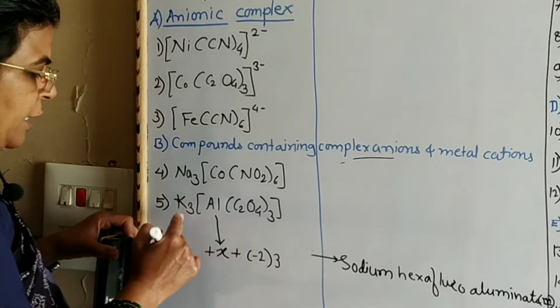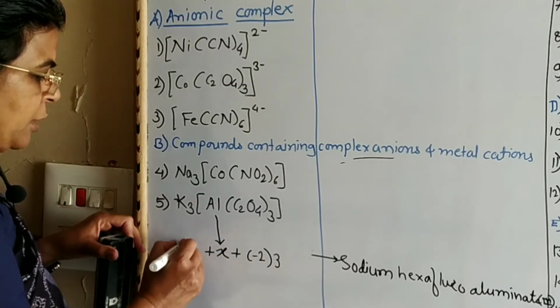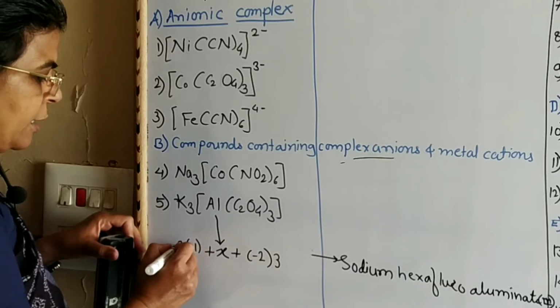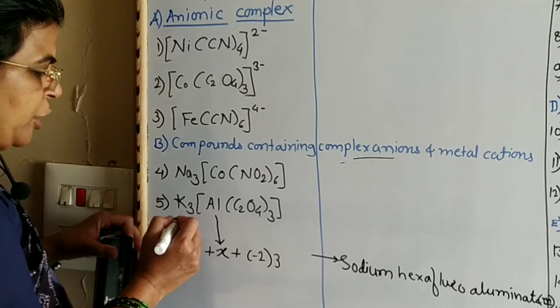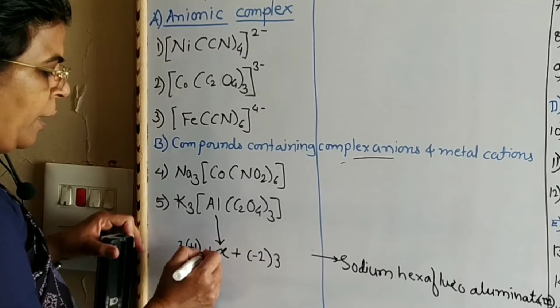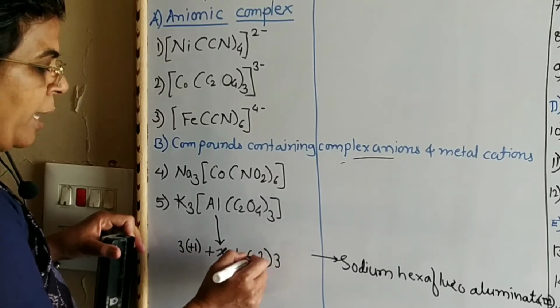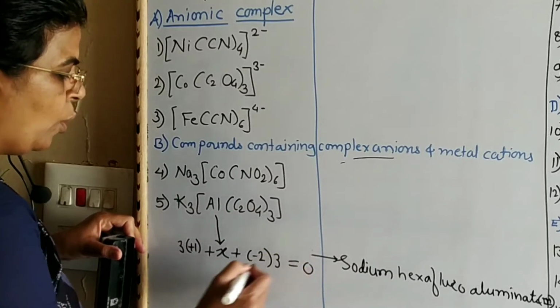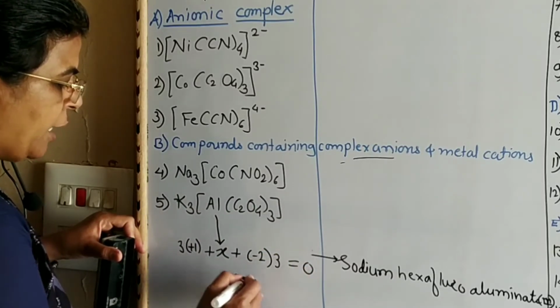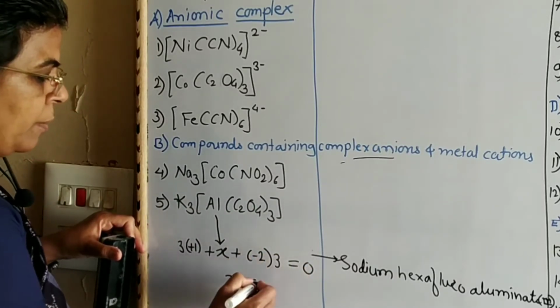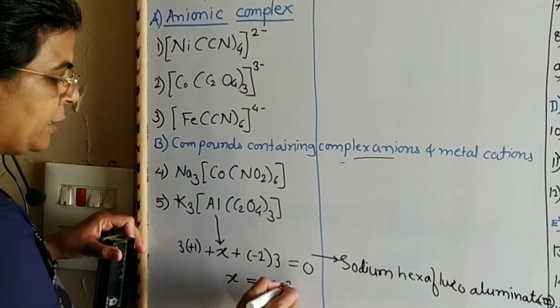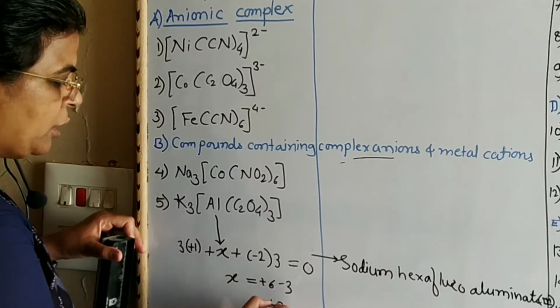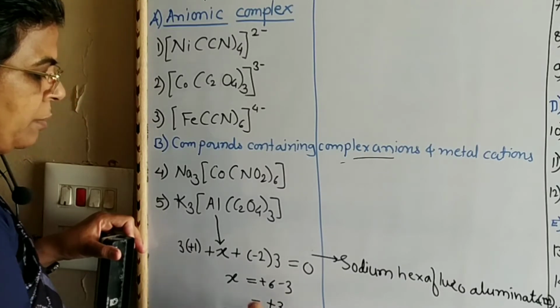Potassium possesses +1 charge, and there are 3 potassium, therefore write 3 into +1 plus X plus (-2) into 3 is equal to 0, the total charge on this complex. Therefore X is equal to +6 minus 3, so the oxidation state of aluminium is +3.